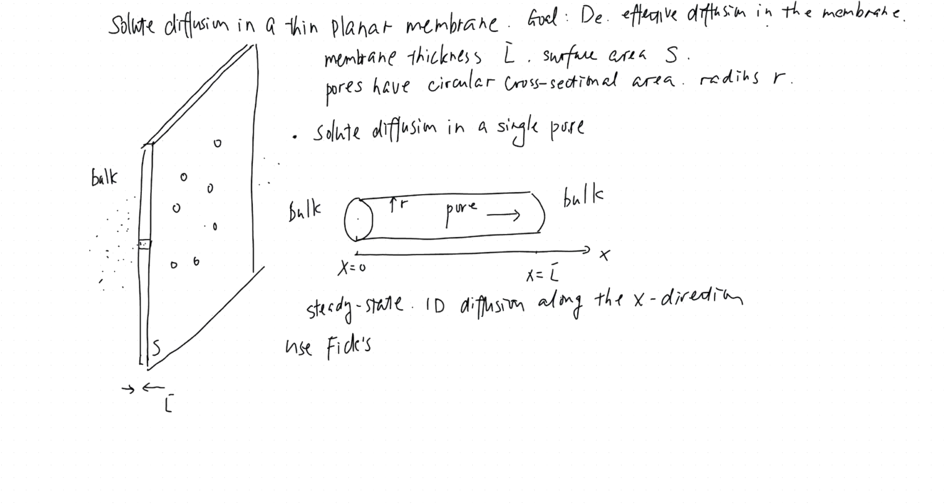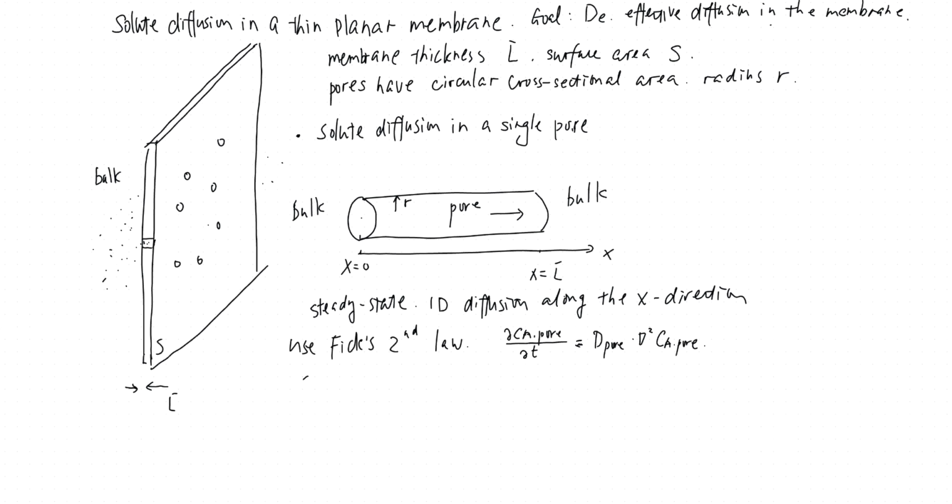So use Fick's second law, which tells us partial CA. Now it's in the pore, so we are modeling diffusion within the pore region. Partial C in the pore equals the diffusion coefficient in the pore multiplied by the Laplacian of the concentration in the pore. At steady state, this goes to 0.